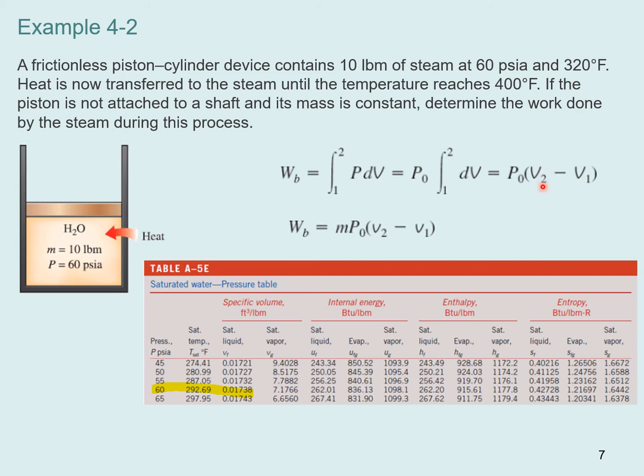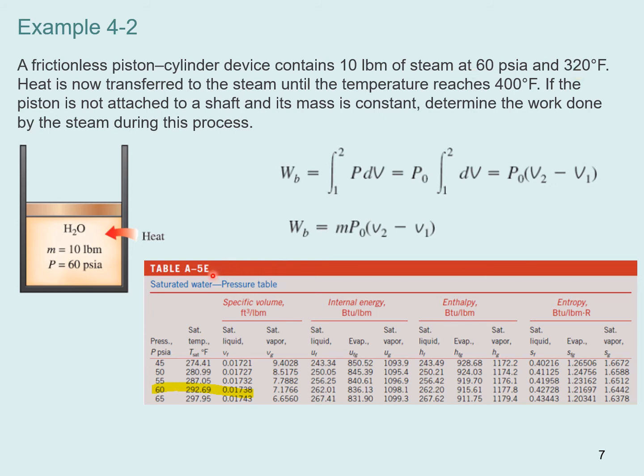Well, in our tables, the volume's not given, but we have what's known as specific volume, which is volume per mass. So we can pull the mass out of each one of these terms, the mass is constant, and write this as the following equation. So here, we have to look up and find out what state we're in. The initial state is 60 psi, 320 degrees Fahrenheit.